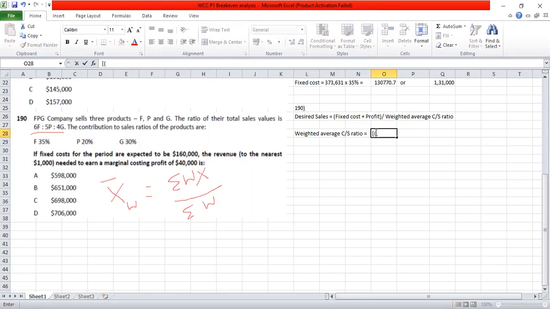The first set, which is 6 into 35%, then we have plus 5 into 20%, plus 4 into 30%. Sum total of the weights is 6 plus 5 plus 4.